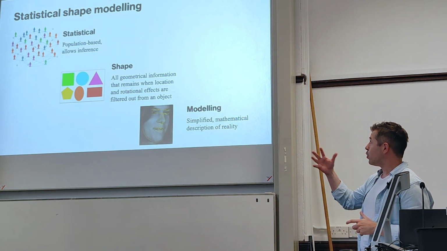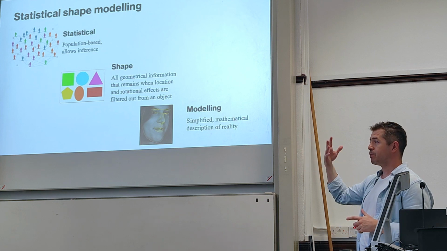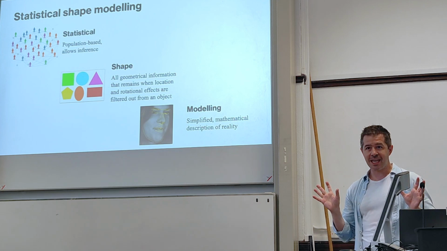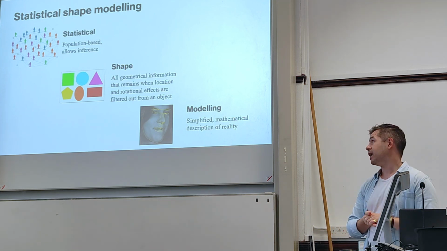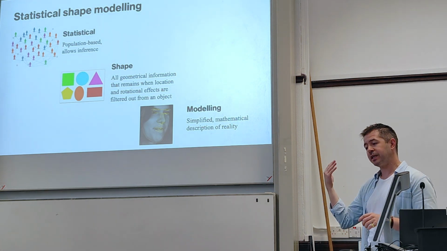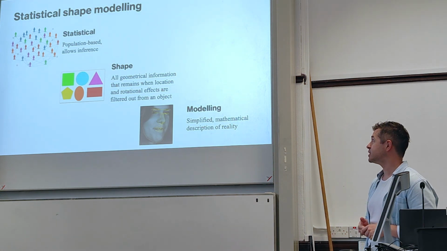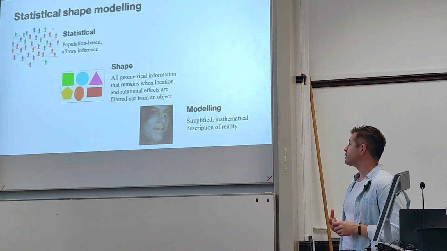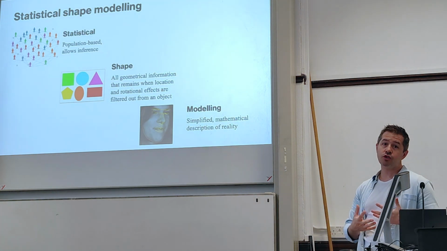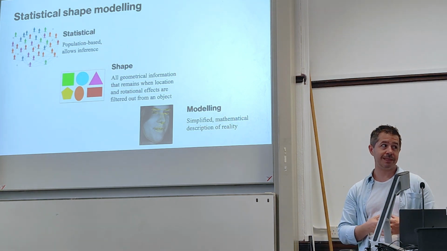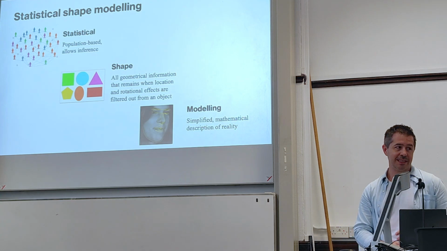And we look at all kinds of geometrical effects in a population. This is not just medical. It can be used for any kind of shape, but it has been developed for 2D and, more importantly for me, 3D applications in medicine. And modeling means that we apply some kind of mathematical simplification to describe this variability in shapes. So that's essentially what it is.